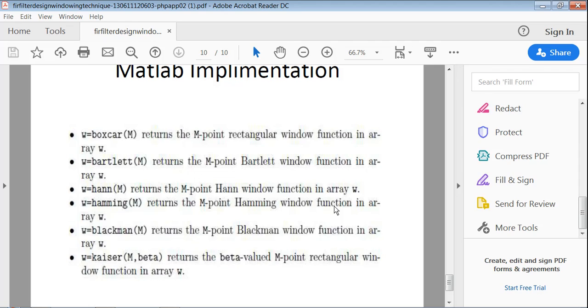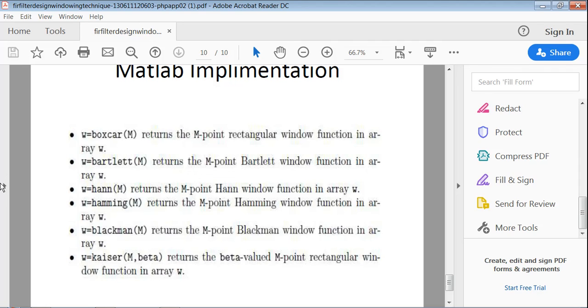So the window is a very powerful technique in FIR filters, because in windowing you have a choice to reduce the transition band and the ripple also, but at the same time we can't reduce both the transition bandwidth as well as the ripple.